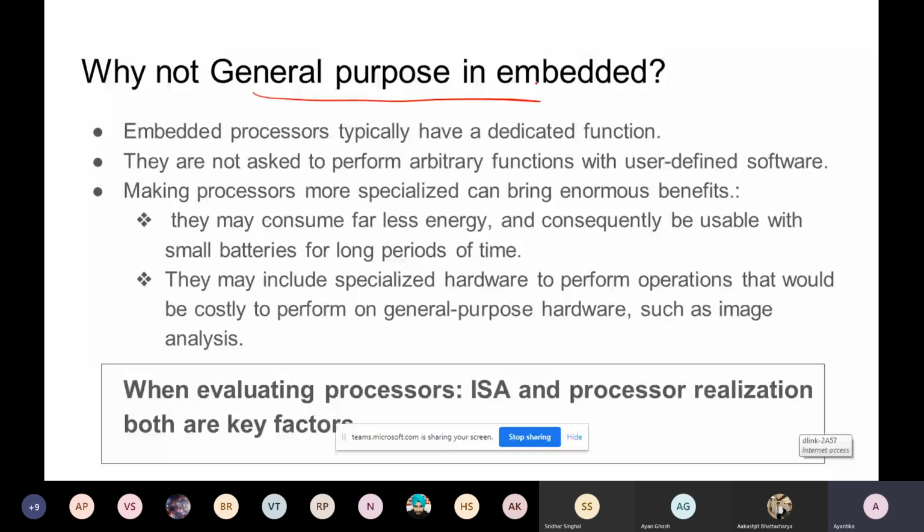For that, we have to evaluate different types of processors in terms of their ISA, instruction set architecture, and how we are realizing that processor in the final platform. So initially in this class, we will mostly concentrate on this ISA part. What do we mean by ISA? Instruction set architecture.